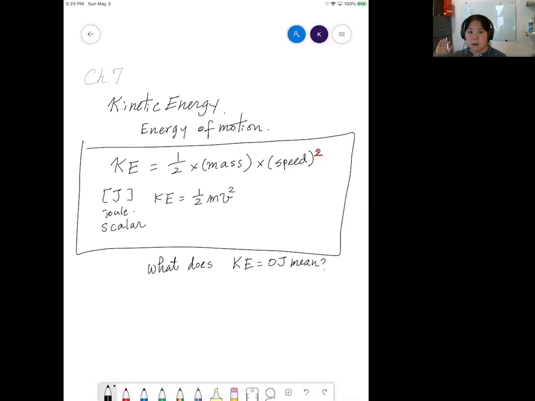Does that mean the object is moving in a backward direction? Does that mean the object is at rest? Right, kinetic energy equals 0 means the object is at rest. If an object is moving at constant speed in a straight line, you're still moving, so you still possess kinetic energy. So when kinetic energy is 0, it means it's not moving, it's at rest.